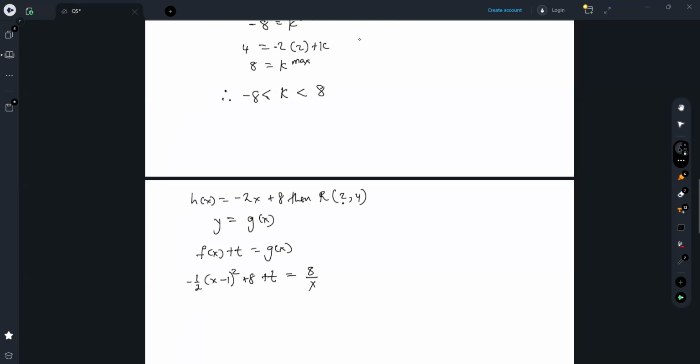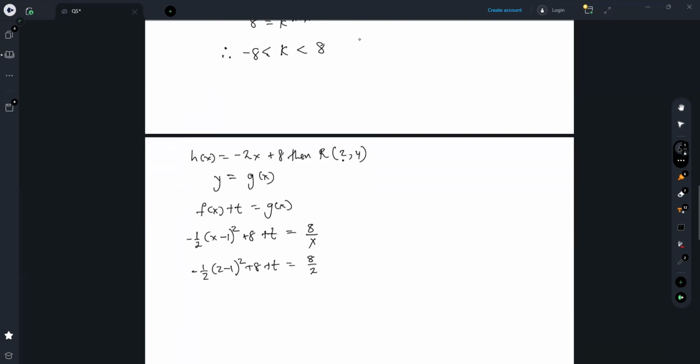Okay, so now we don't need to complicate our lives. We already have an x value where they're going to meet, because we know R right there. So we can do that quickly. We can say, negative half times (2 minus 1) all squared plus 8 plus t equals 8 over 2.